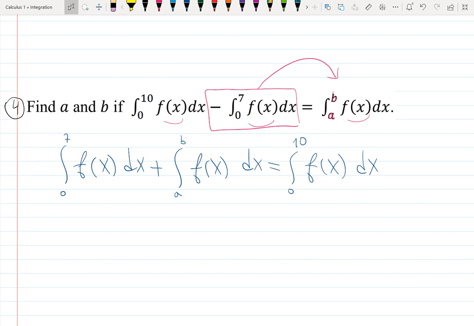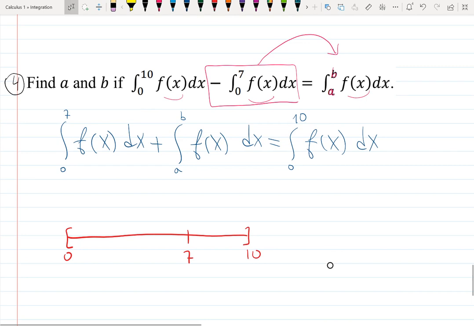Then we need to check that property we already used before, the gluing property. The gluing property tells me that if I'm working on the integral from 0 and the biggest number is 10 and the intermediate number is 7, I have the right to integrate only from 0 to 7, right?